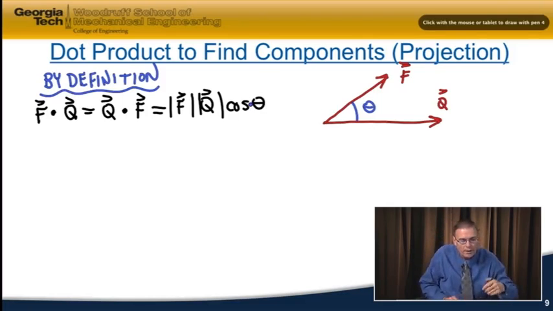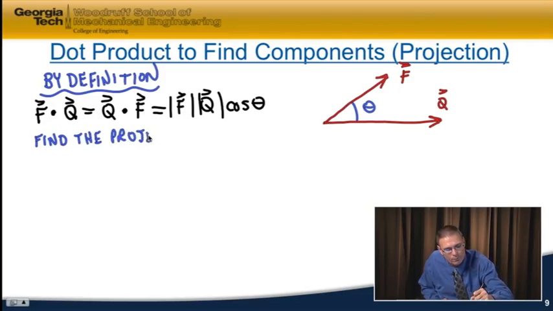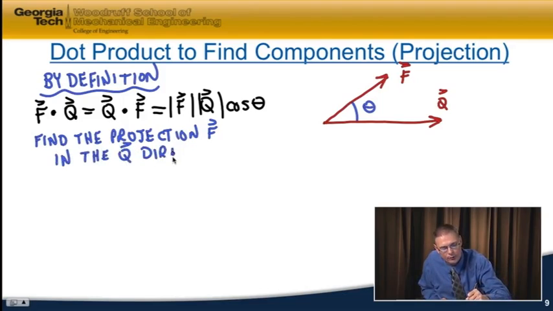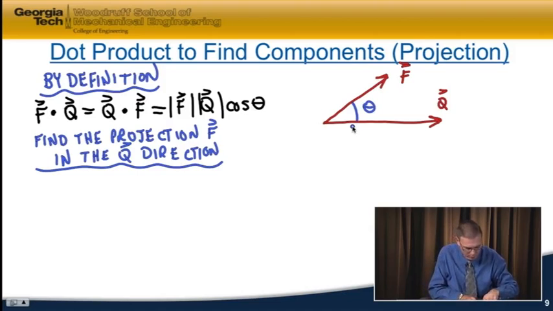So if I want to find the projection of F in the Q direction, what I'll do is I'll take the force F and I'll dot it with a unit vector in the direction of Q. And we know how to find a unit vector of Q because we just did that.